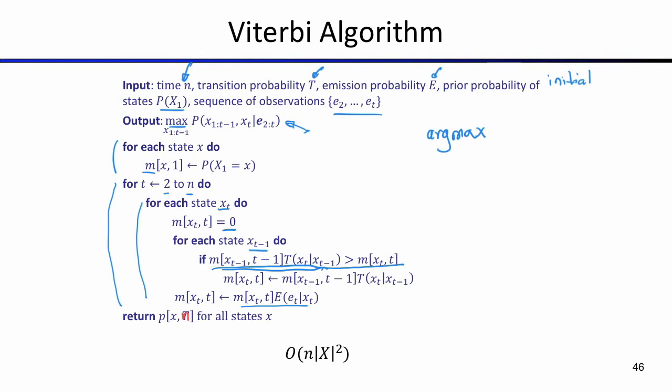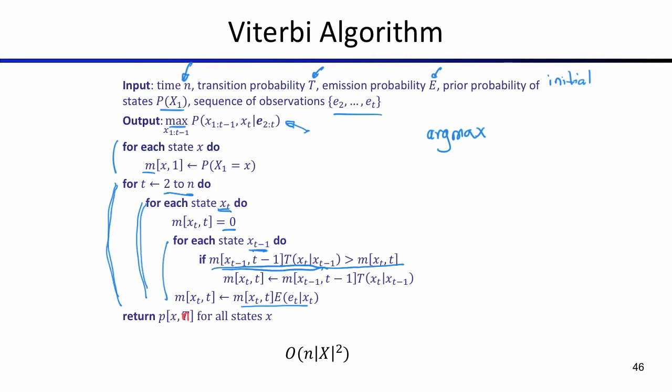So again, the complexity of the Viterbi algorithm is the same as we had for the forward, and the mini forward algorithm is going to be dictated by these three for loops that we have here, here, and here. One that operates over n, the other one for the number of states, and another one for the number of states.